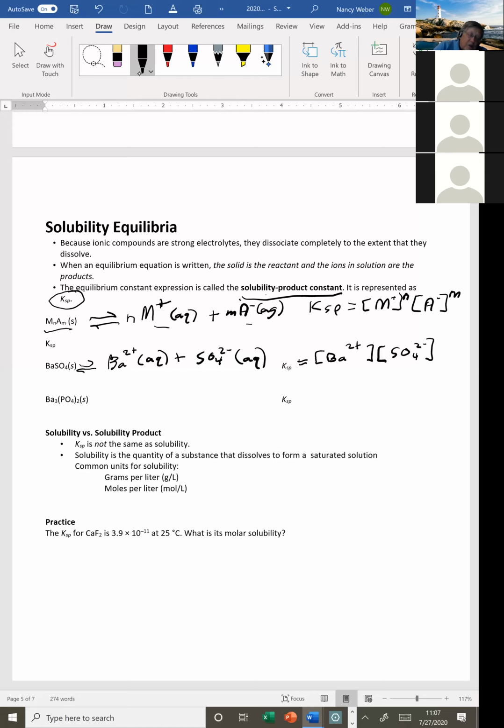Okay, try the next one, the barium phosphate. Write the reaction.